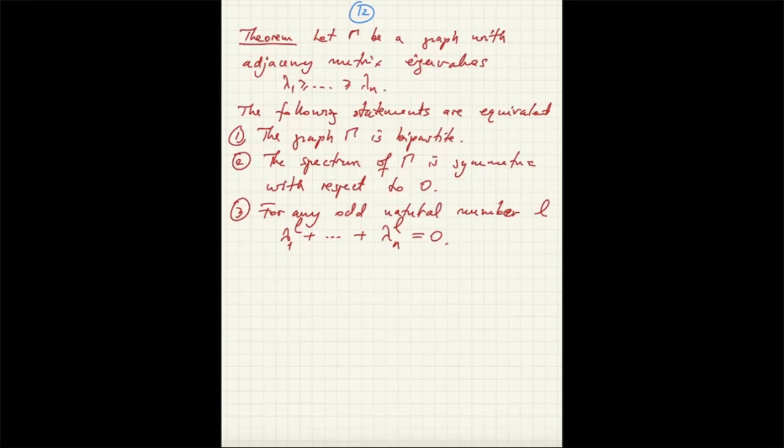Now, this is not too difficult to prove. I give the details in the notes. Again, this is a result that states the equivalence between a combinatorial property of the graph, which is being bipartite, and a linear algebraic property of it, namely that the spectrum is symmetric with respect to 0, or that for any odd natural number L, the sum of the L powers of the eigenvalues is 0.